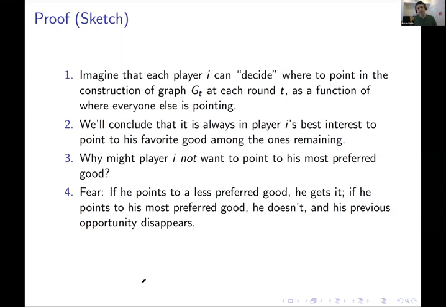So the reason you might not want to point to your favorite thing is because you're concerned about missing out on some transient opportunity. Maybe there's no way for me to get my favorite thing, but if I act now, I can get my second favorite thing. And if I behave honestly, I'm going to have to settle for my fifth favorite thing. That's the thing we need to rule out.